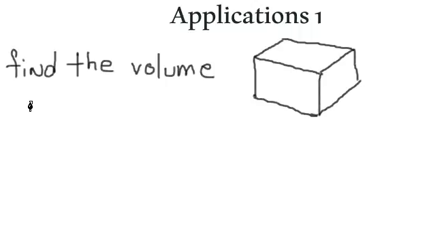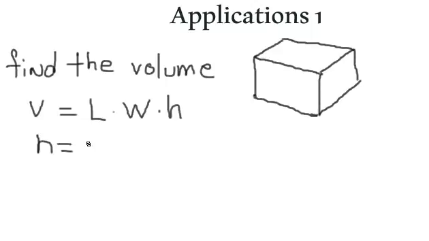So we've got volume is equal to length times width times height. Now they give us a couple of these numbers and then they give us a relationship. Let's just write down what they give us.